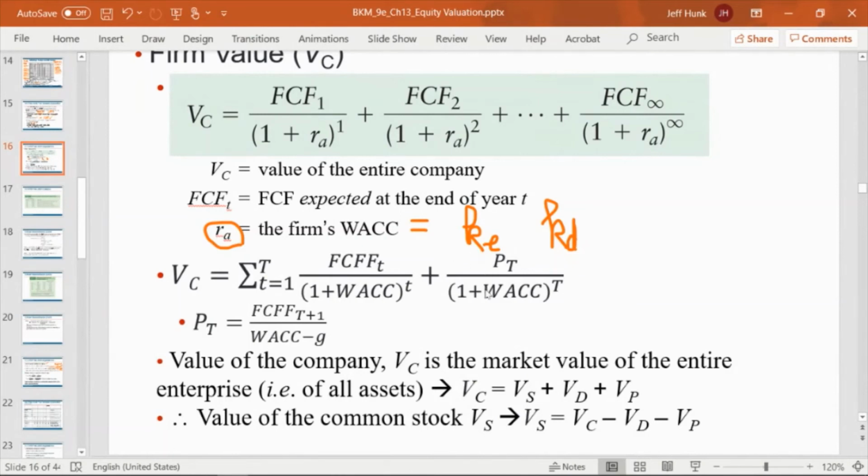But if you think about it, free cash flow is the result of the workings of both equity and debt. In other words, free cash flow is like the fruit on a tree.